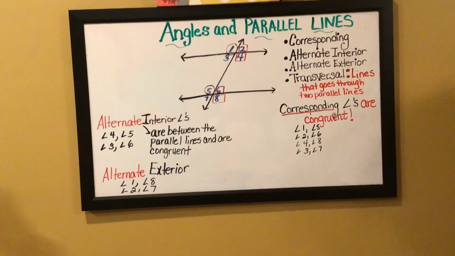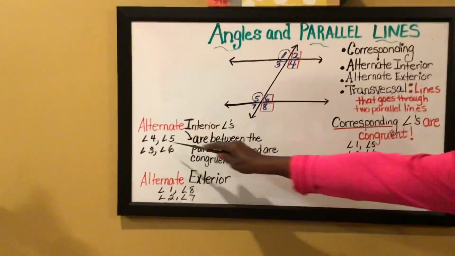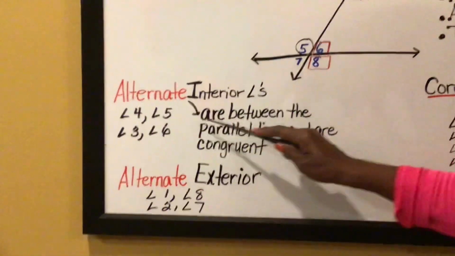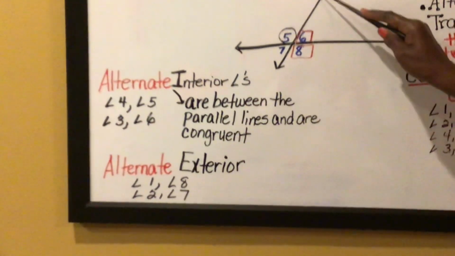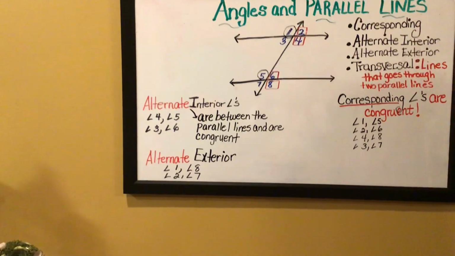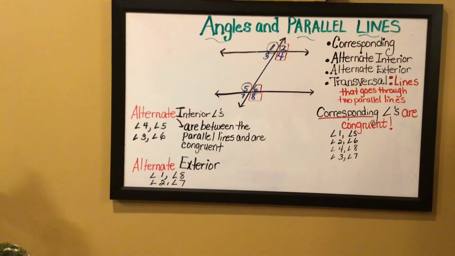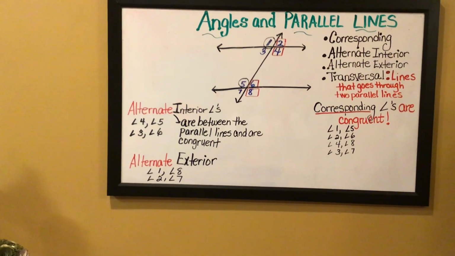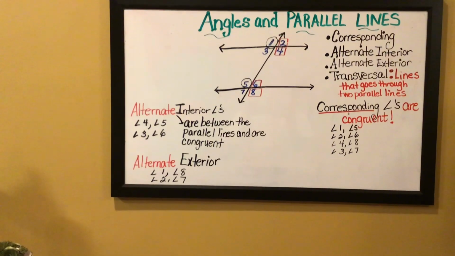So I recorded these right here. Angle 4 and angle 5 are between the parallel lines and are congruent. Angle 3 and angle 6 are between the parallel lines and are congruent. So alternate interior angles are congruent angles that are between parallel lines.